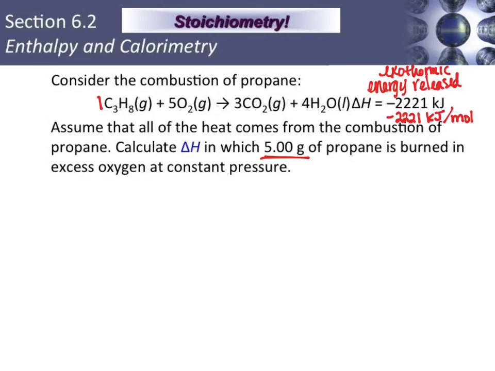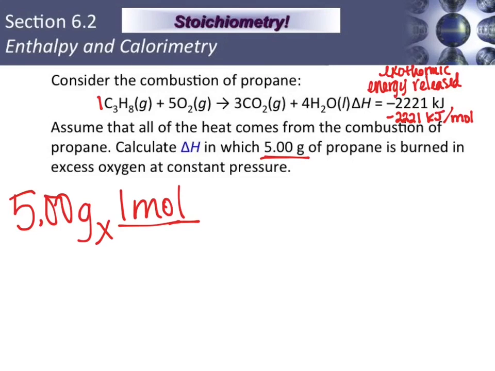So, start out with what we know. We have 5 grams of propane, and we're going to change that to moles of propane. For every 1 mole of propane, the molar mass of propane is 44.1. And now we've got to get that to kilojoules.